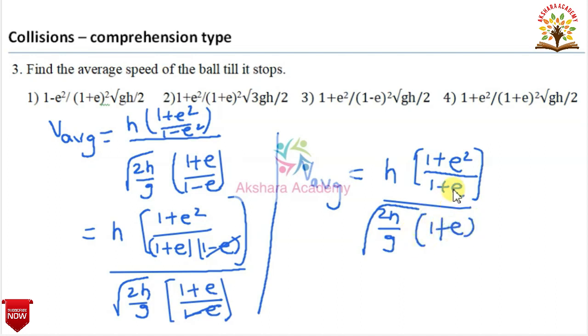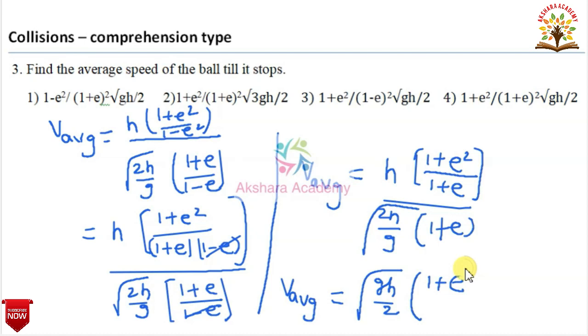This 1 plus e, this 1 plus e, gives (1 plus e) whole square. So average speed is equal to square root of gh by 2 of (1 plus e square) by (1 plus e) whole square.